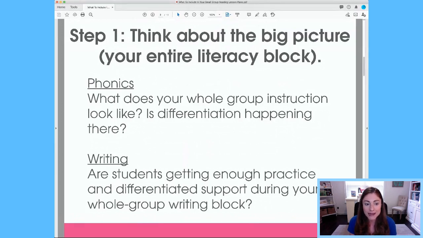And so if that's the case, then yeah, you're going to be talking in your small group about the phonics patterns that you're learning, but you wouldn't need to spend quite as much time if you're already doing phonics instruction and you're already differentiating there.